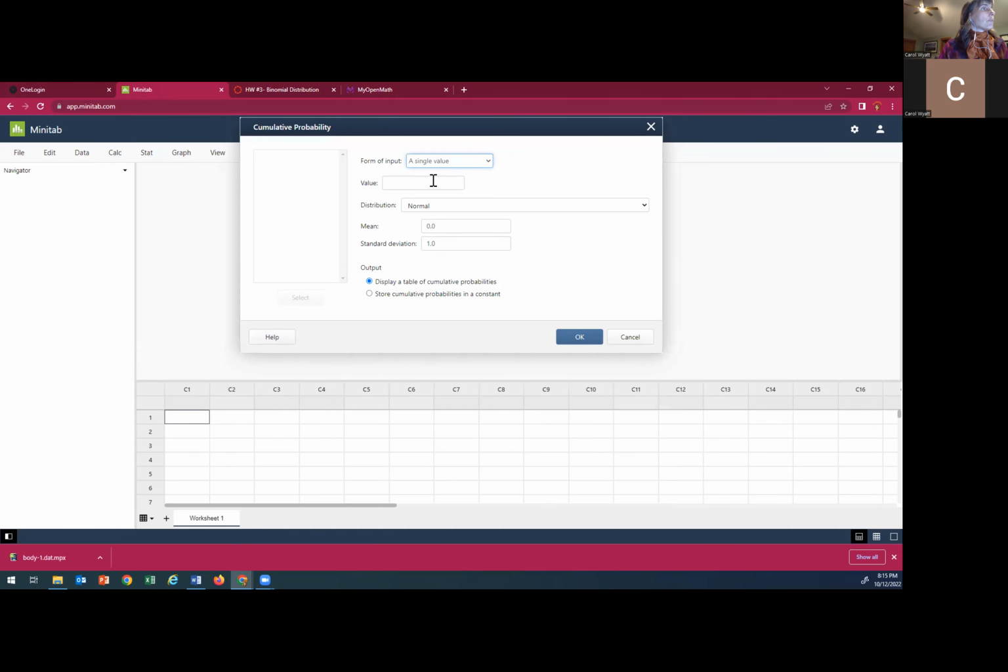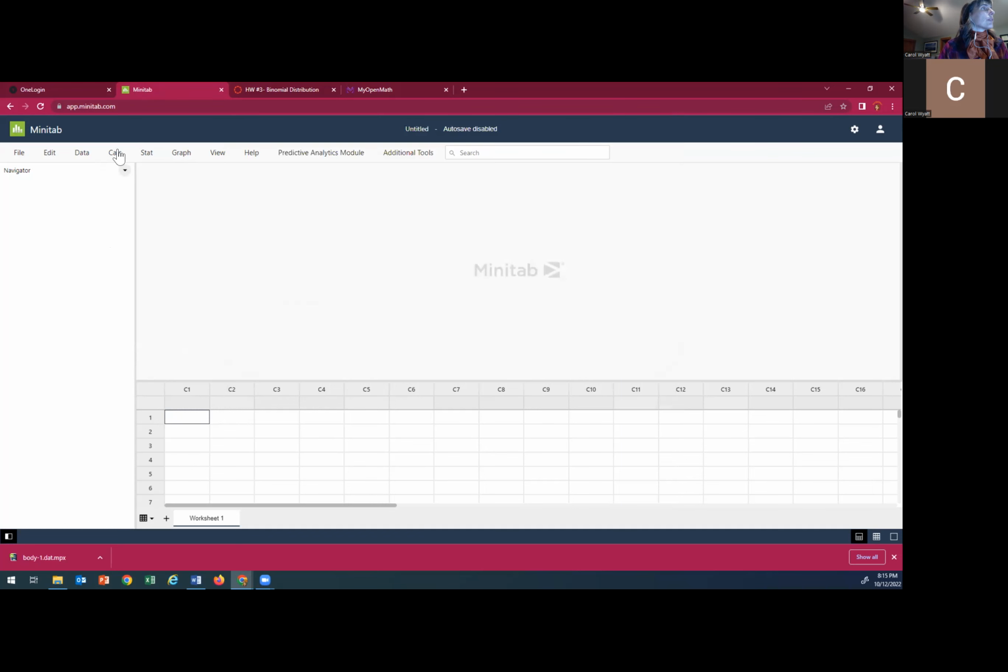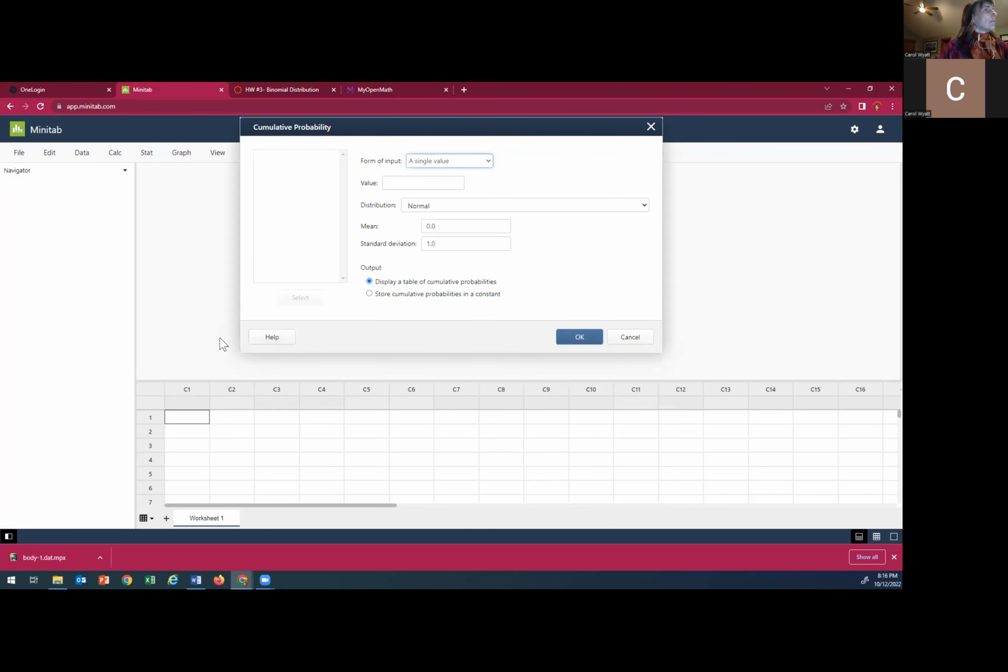Let's try this again. Calculate probability density function. I choose my binomial function. My value, I want to go up to 1, so I'm going to put 1 there.